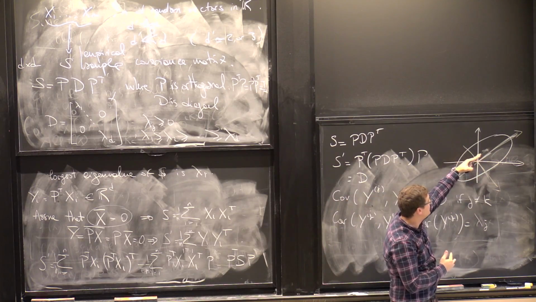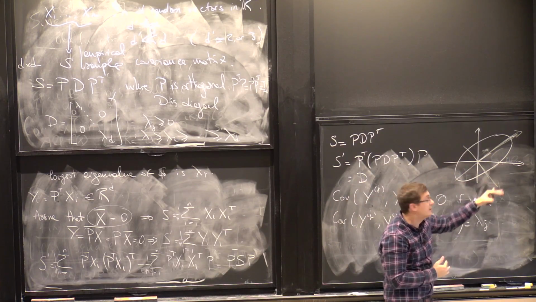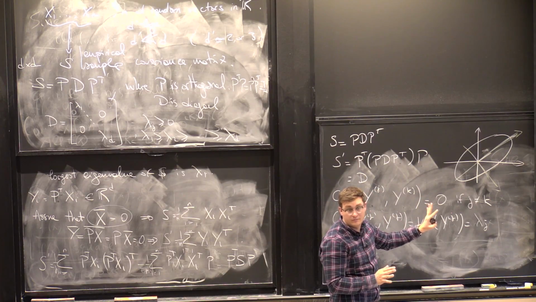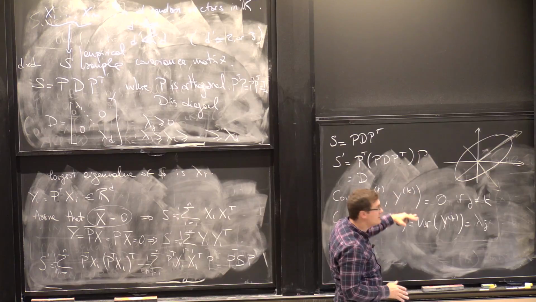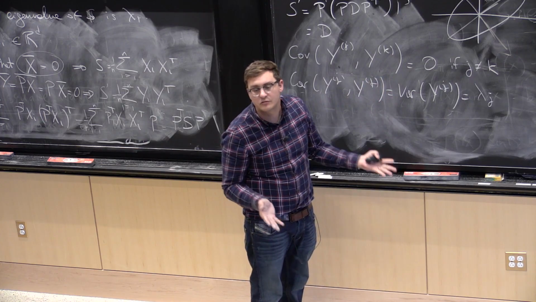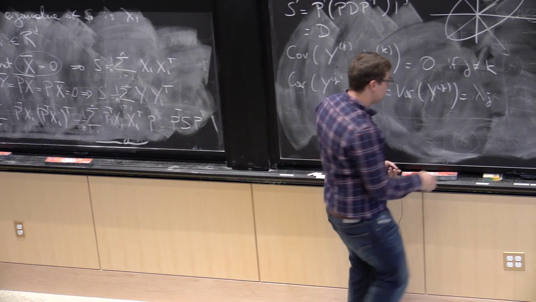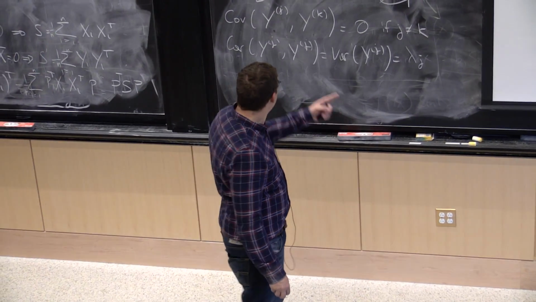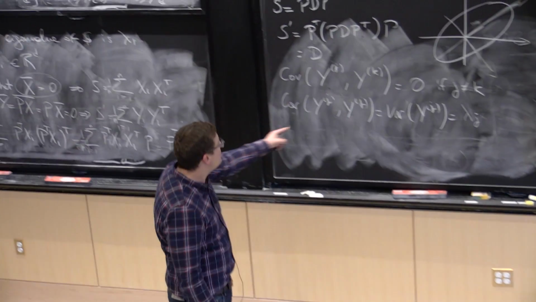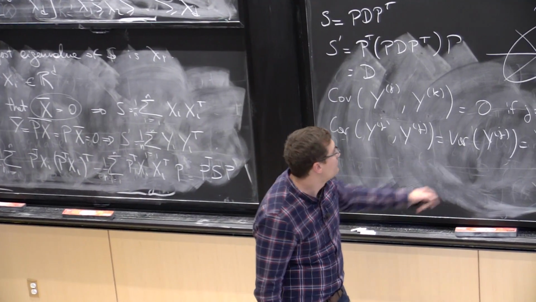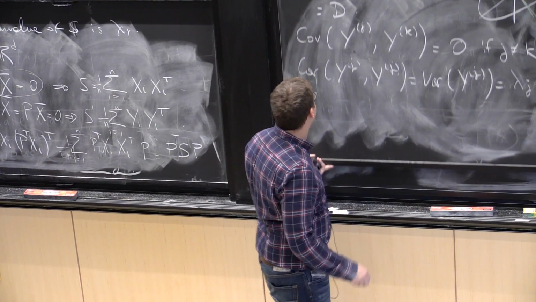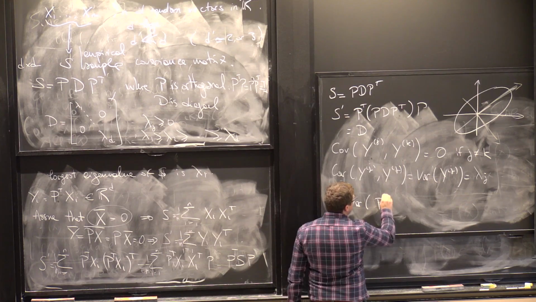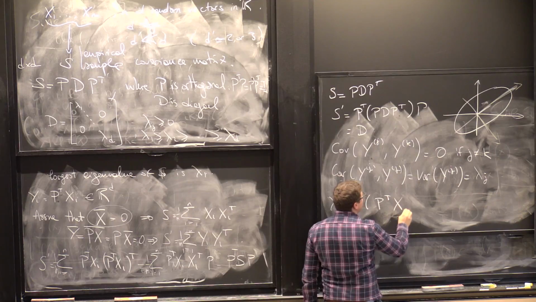And what happens here is that this coordinate is independent of that coordinate. And that's what we read here. If they're Gaussian. I didn't really tell you this. I'm only making statements about covariances. If they're Gaussian, those imply statements about independence. So as I said, lambda 1 is actually the variance of P transpose xi.